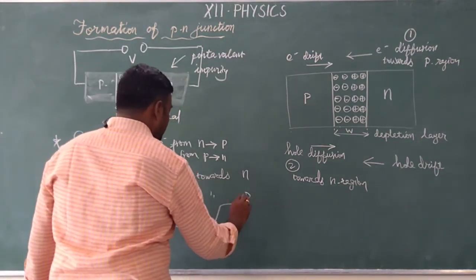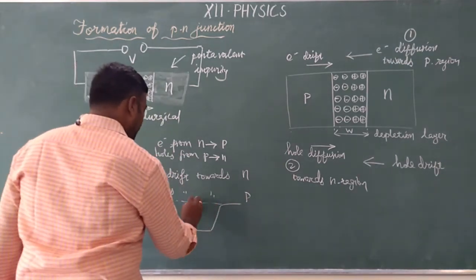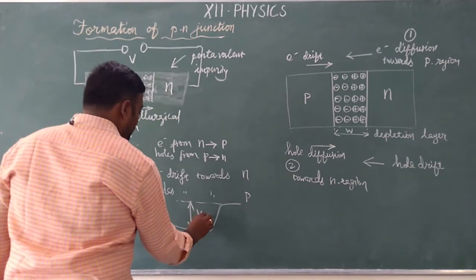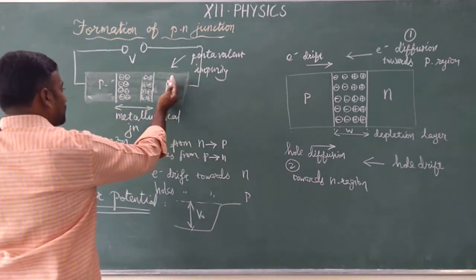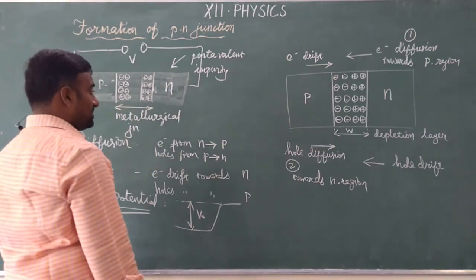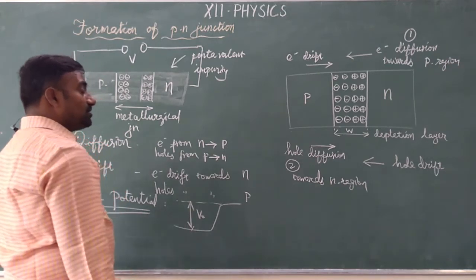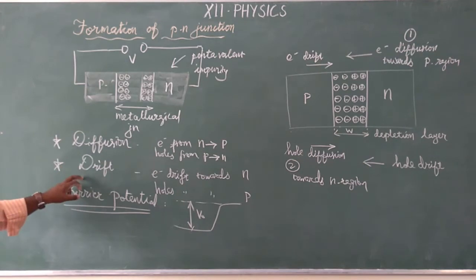This is the barrier potential, that is V0. The barrier potential is used to prevent the electron movement from n to p side and the hole movement from p to n side. But under equilibrium, both are equal, and there are two important processes: one is diffusion, another one is drift.